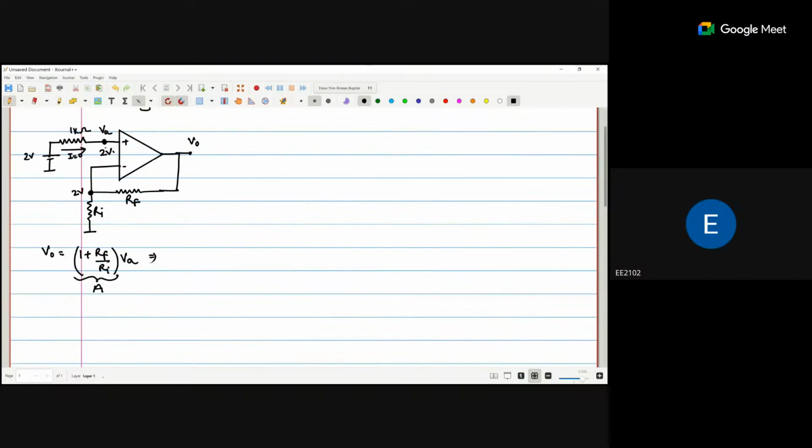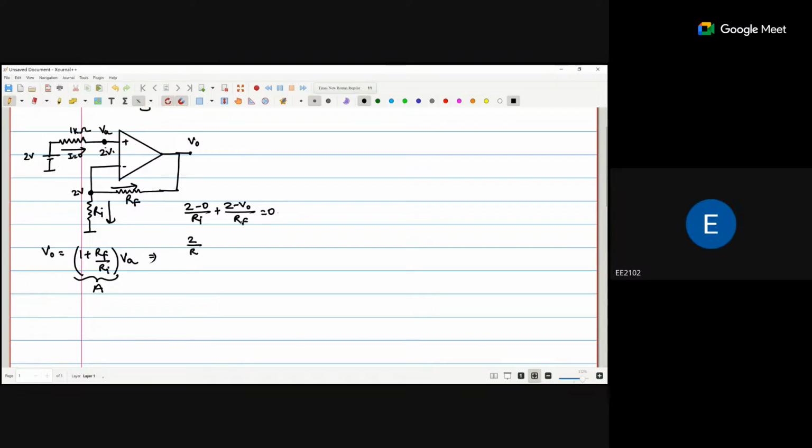Now the current will go either in this direction or in this direction through this point, 2 volts. So I apply the KCL, both are outgoing currents, so 2 minus 0 upon Ri plus 2 minus V naught upon Rf. The addition of outgoing currents is 0.